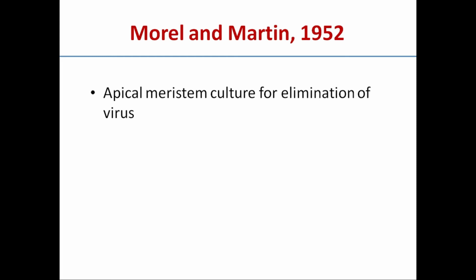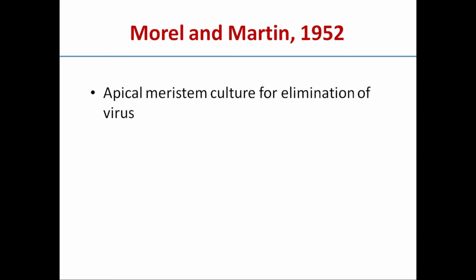That means the virus can be found in all parts of the plant. Now, apical meristem usually remains free from virus because the rate of growth of apical meristem is higher than the rate of movement of virus in the plant. So the apical part of the meristem remains free from virus.